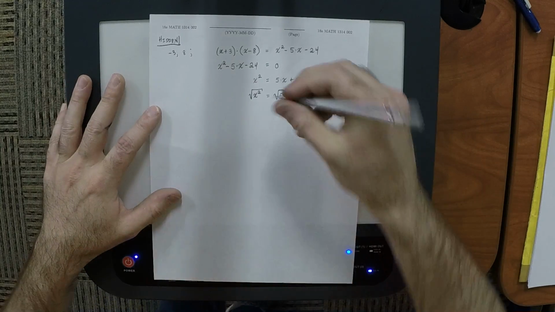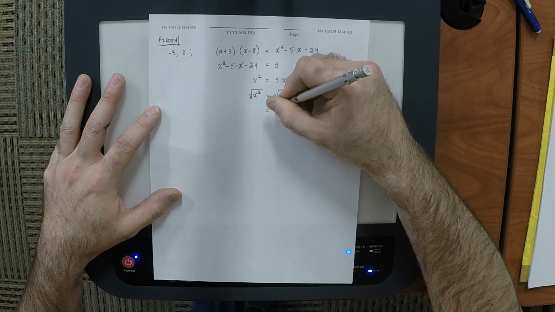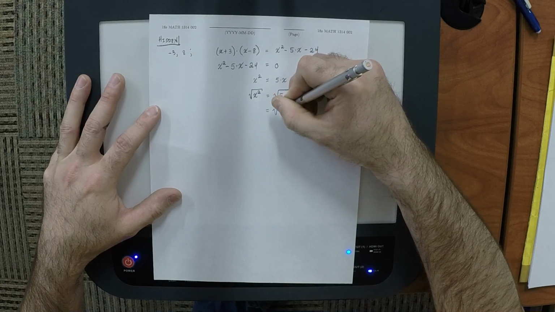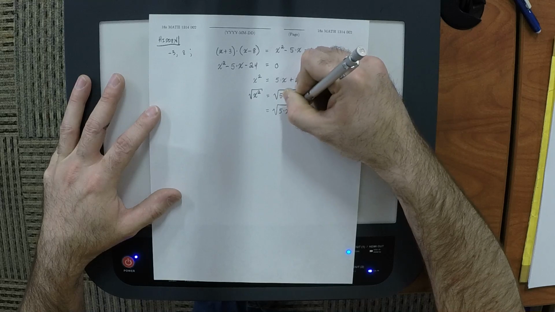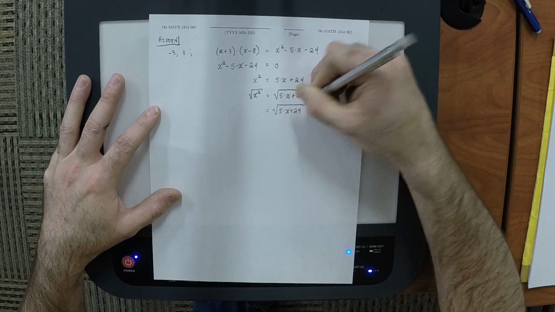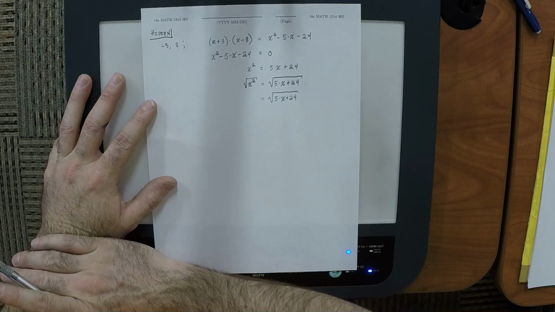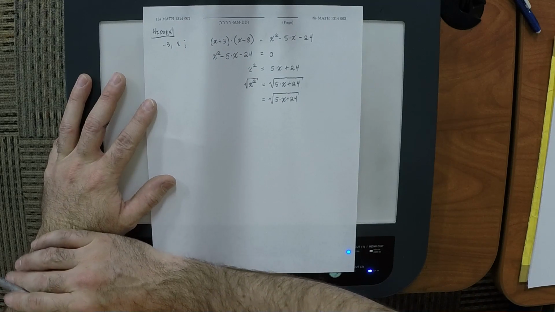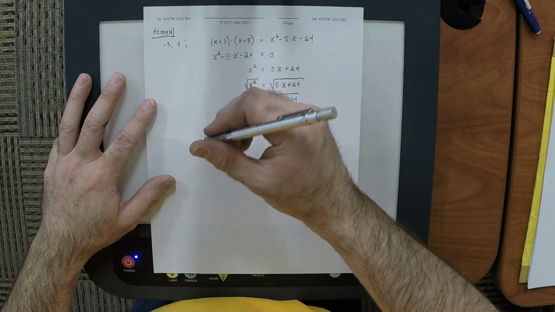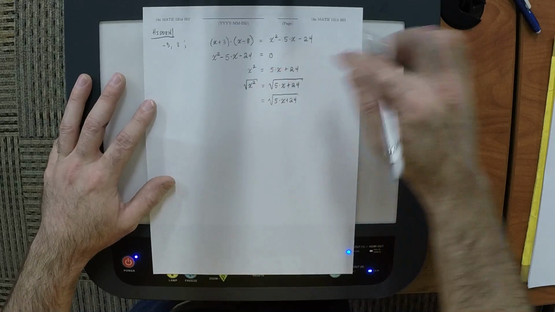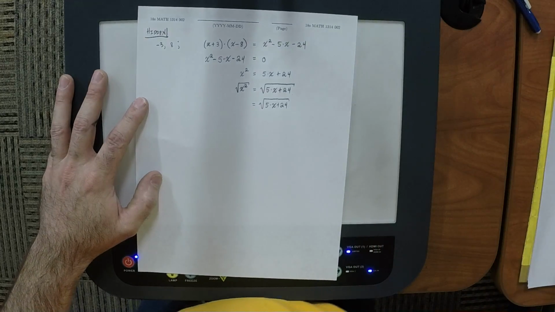So now, the right-hand side is still square root of 5x plus 24. And I want to simplify the left-hand side. What does the left-hand side simplify to? Absolute value of x, right? Not x. I wish I had my button here. Click.